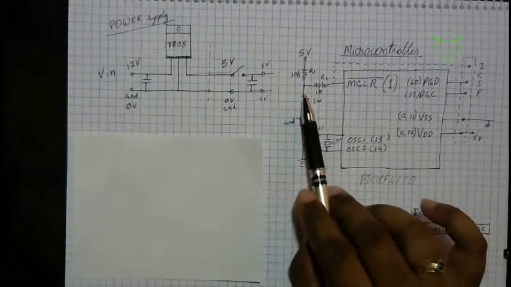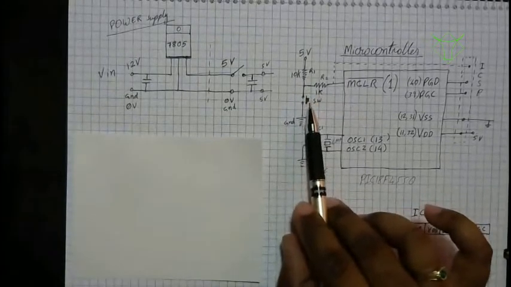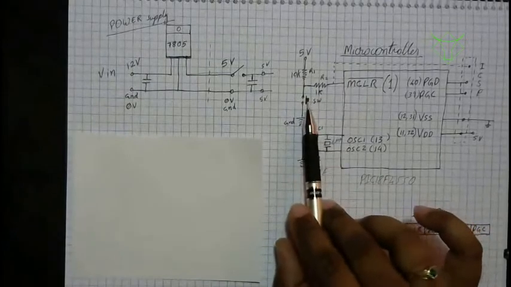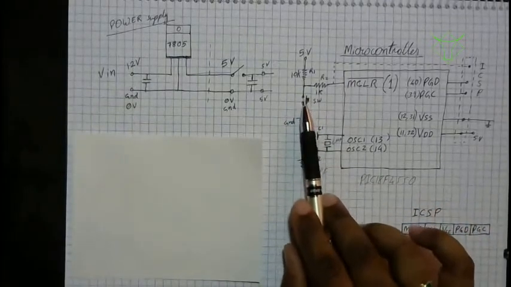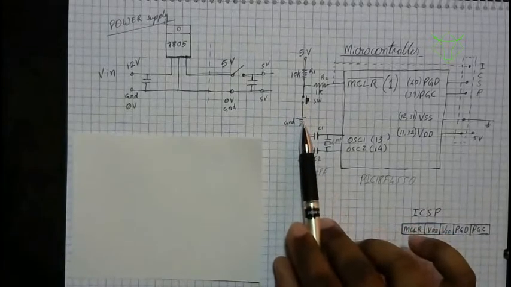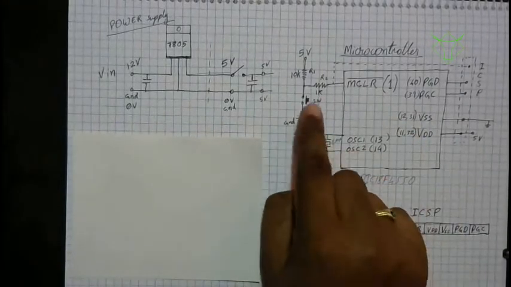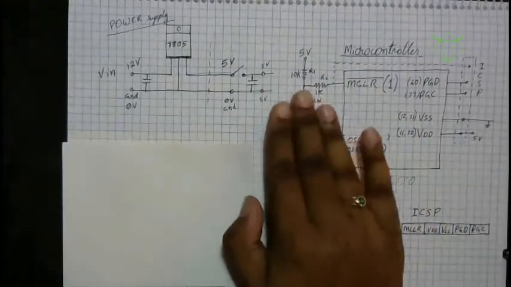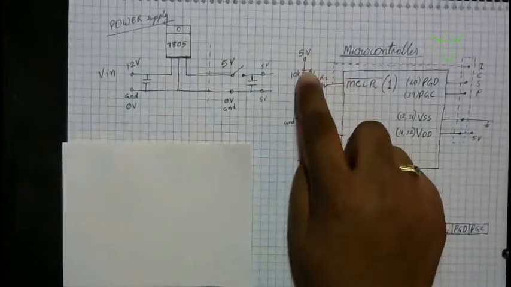From this resistor network, from the 10K you will connect a switch. This is the push button, the reset switch. You will connect a reset switch here, and the reset switch is connected to ground. So when the button is not pressed, in the sense it is open, the MCLR is tied up to 5 volts.